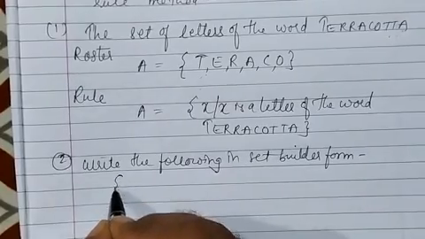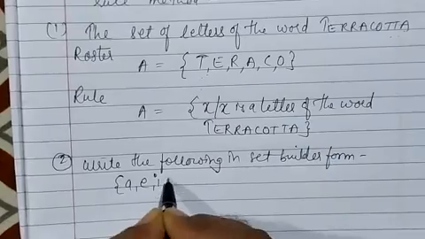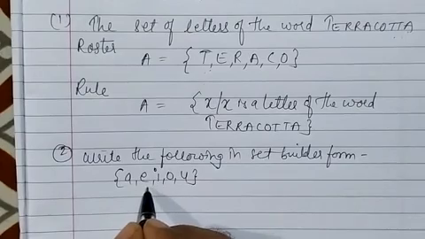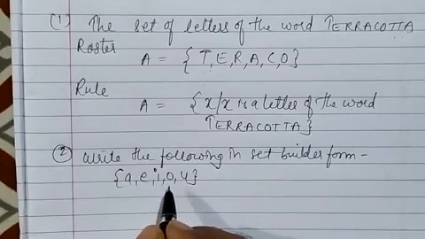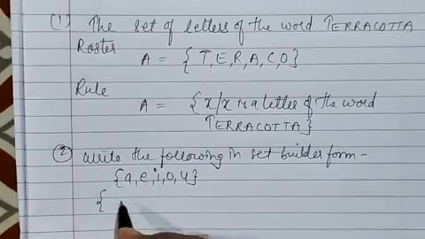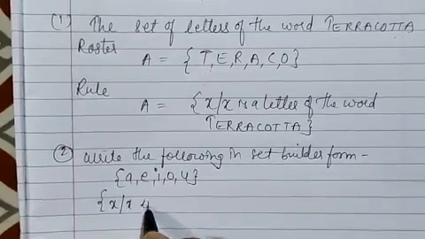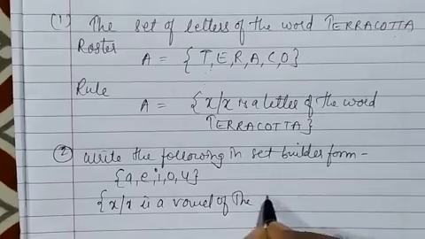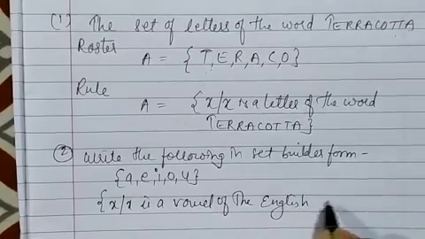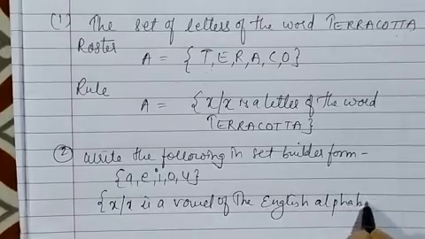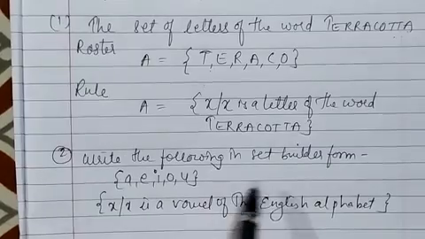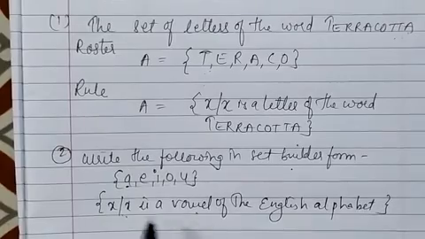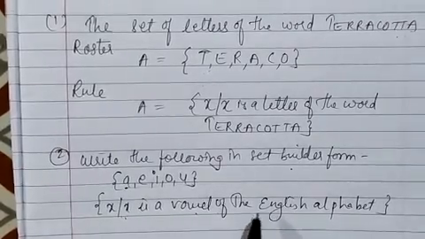They have given you A, E, I, O, U. In set builder form, A, E, I, O, U means {x such that x is a vowel of the English alphabet}. Got it? If it is given like that, you just have to write it in this format: x such that x is a vowel of the English alphabet.